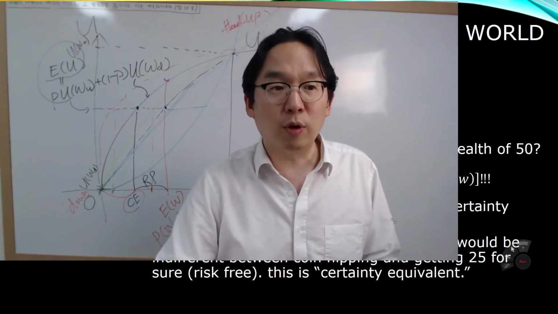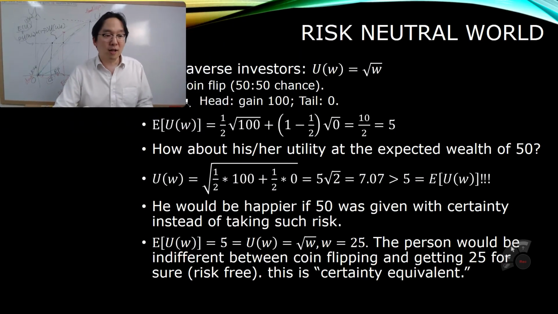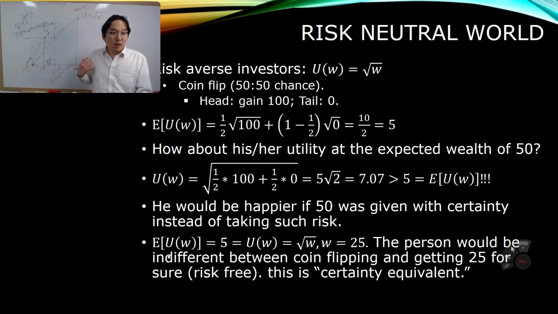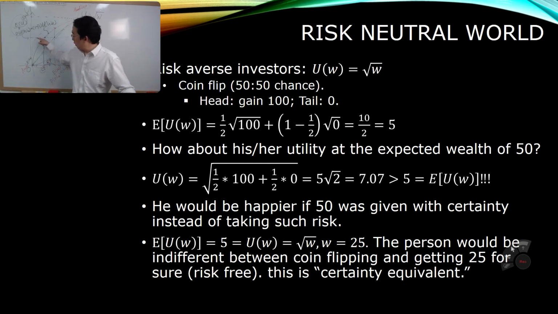Now, didn't you talk about certainty equivalent? Yeah, that's the next one, right? He would be happier if 50 was given with certainty instead of taking such risk. The second one, certainty equivalent, is here in the last bullet point. Expected utility of 5 is when you have a wealth of 25 over here, okay?